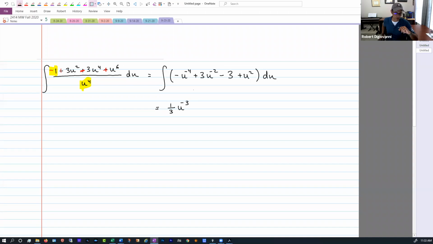Let me just double check that. Wouldn't it be a -1/3? Well, there was a negative already there though, right? Minus 3u to the -1 minus 3u plus 1/3 u cubed plus c.